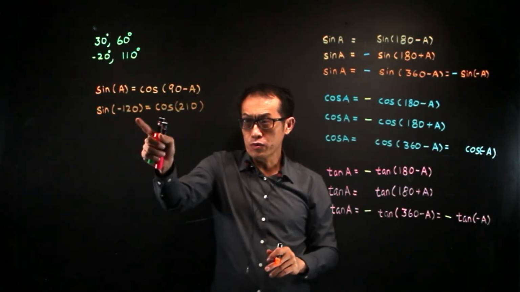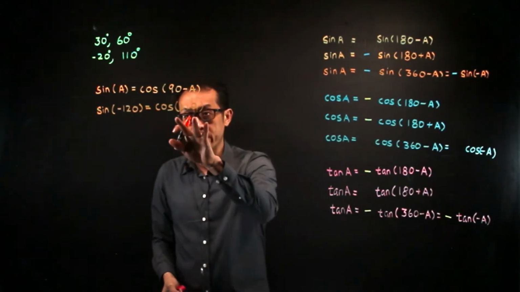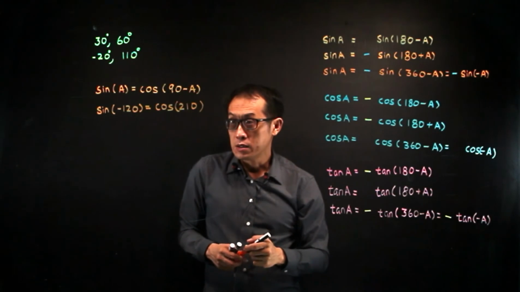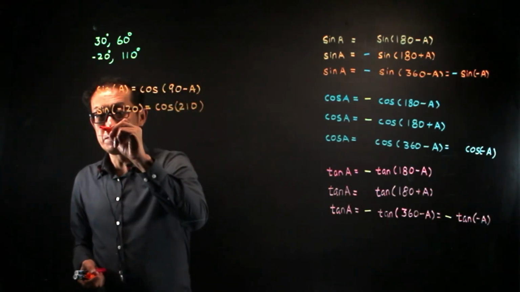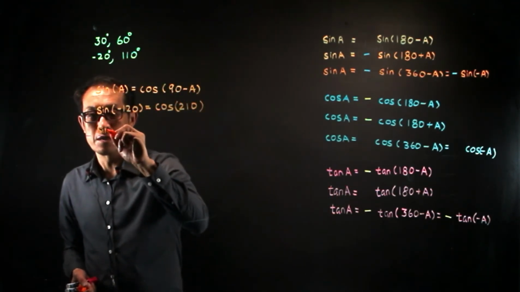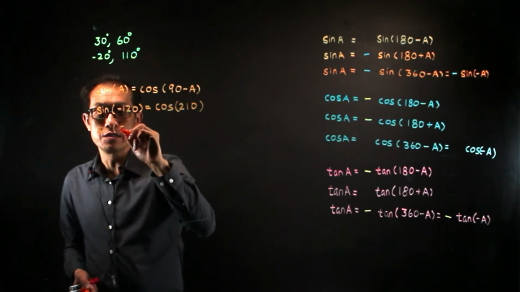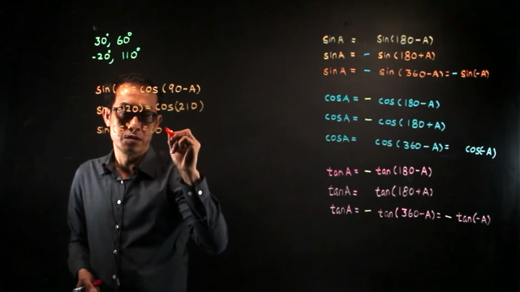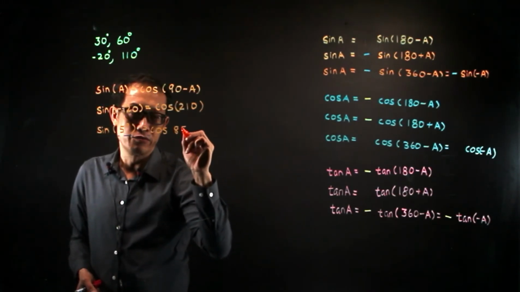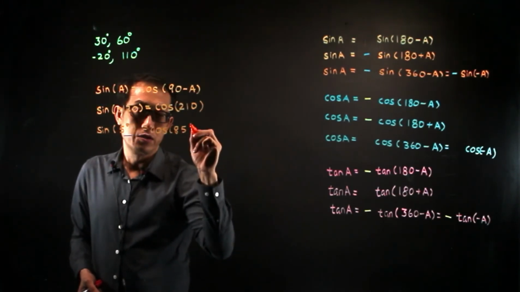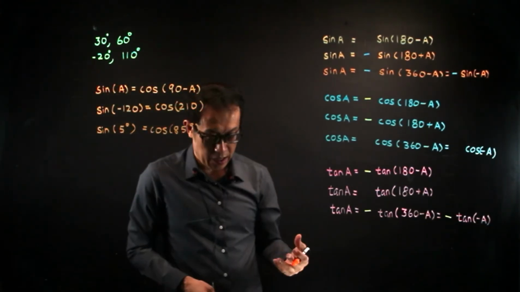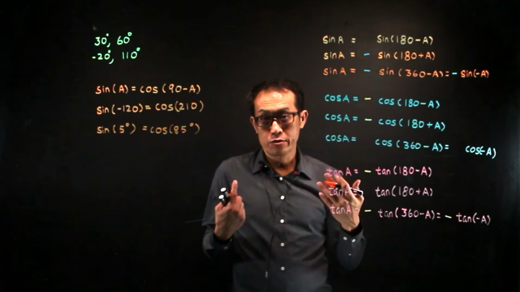If it adds up to 90, you can press the calculator to verify whether these two are equal. Now take another example. Sine 5 degrees, is it equal to cos 85? Alright, you realize that it is equal. You can press the calculator to check because sine and cosine are complementary trig functions.